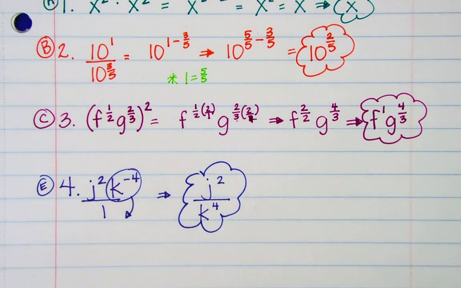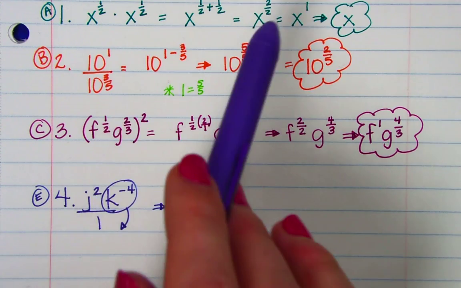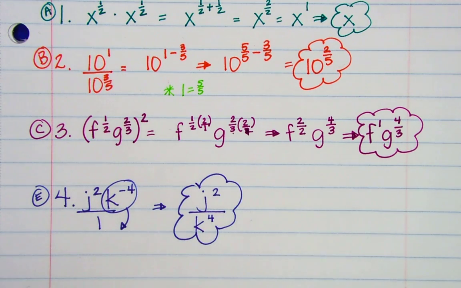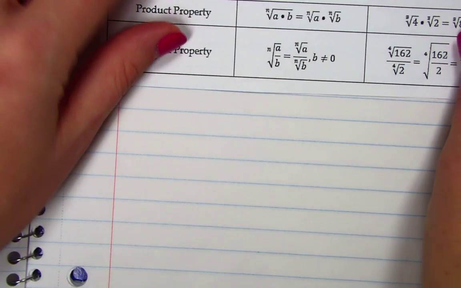All right, so that's one of each example. Next, I didn't do D because we did D last class. D is on this list because it is one of our rules, but D is what we did a lot of last class, so I didn't feel the need to put one on our notes today. I'm going to flip over because the next part goes with these, and I'm going to put this at the top.